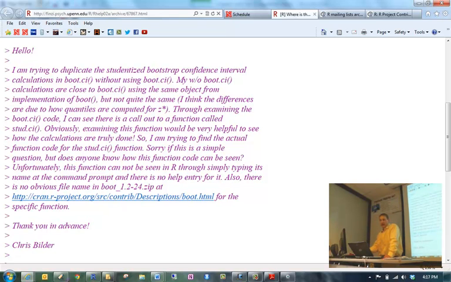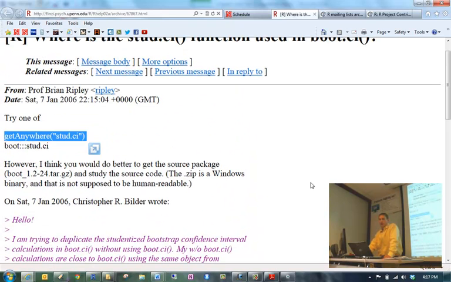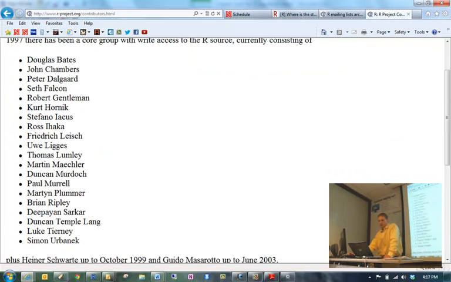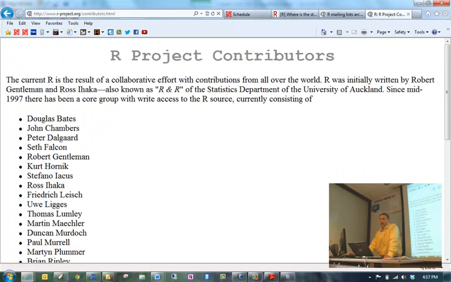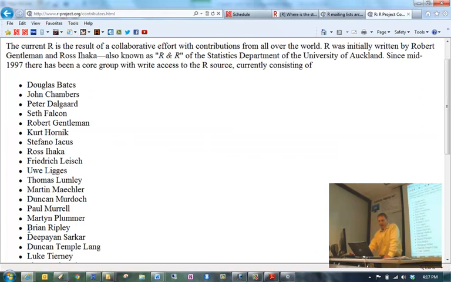That same day, I got two replies, including one from Brian Ripley. Who's Brian Ripley? Here's what's called the R core group. These are the people that control the main source of R, like the stat package, graphics package, all that stuff. Brian Ripley is one of those. He is one of the people in the R core group.